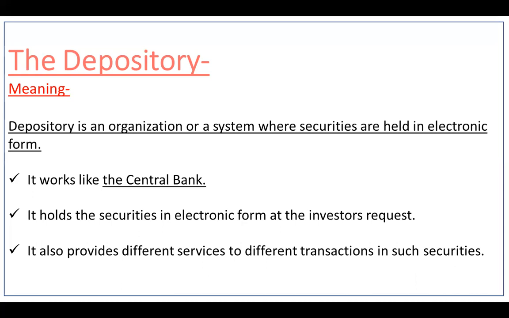It can transfer the shares immediately. The transaction effects are immediate, just like PhonePe, net banking, or any bank account.